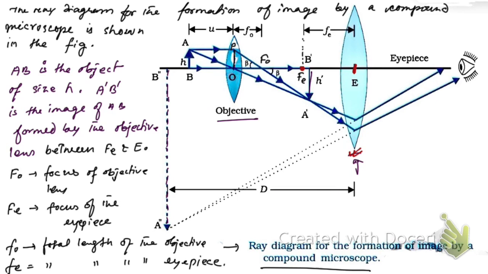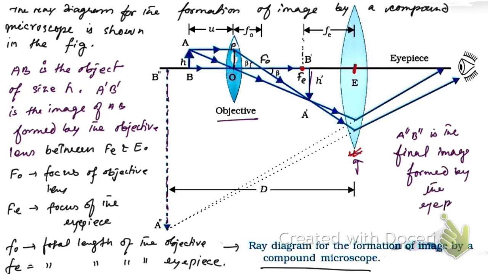So let me mention one more thing: A'' B'' is the final image formed by the eyepiece. Now let me go to a new slide and take the diagram again so that I can explain. Before that, pause the video and note all these things that I have written.